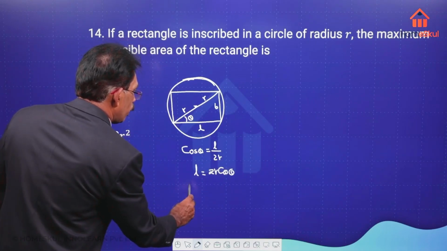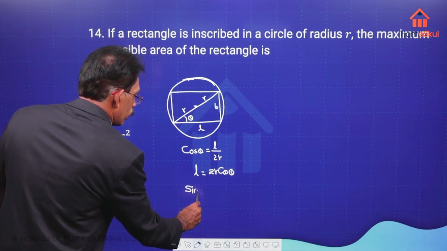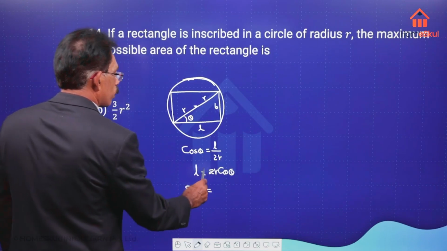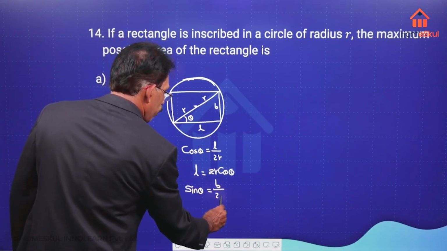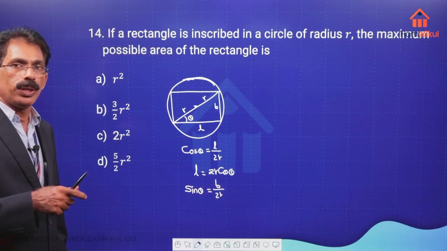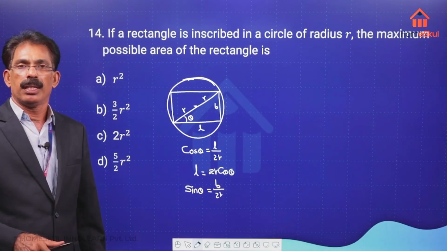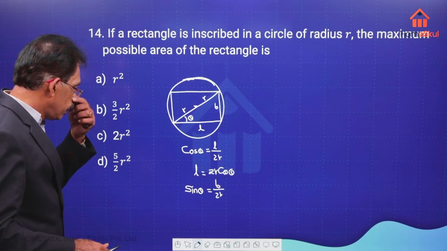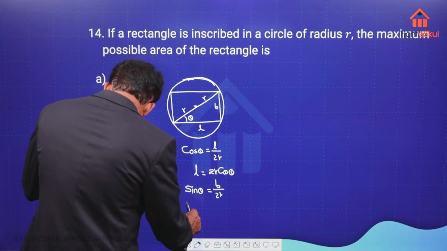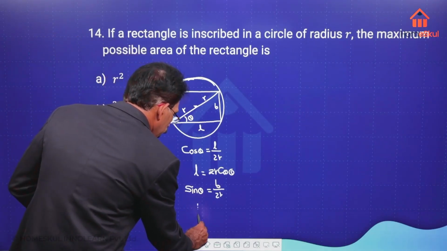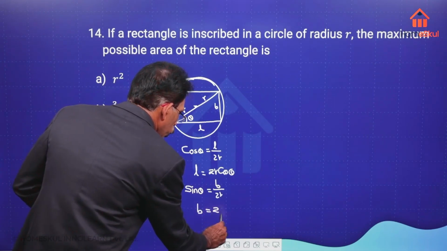And sin theta is equal to B by 2r. First I will prove that the rectangle will become a square. Then B is equal to 2r sin theta.